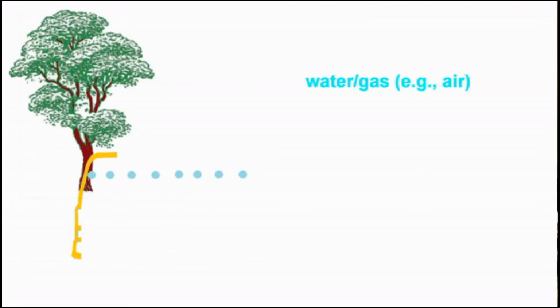Okay, so here we have water. We're going to accelerate the car, and you can see how they pile up. The molecules of water or gas, could be air, it doesn't matter. So what these people are saying is that when the back of the car hits the first atom or molecule, it pushes it against the next one, which pushes it against the next one, which pushes it against the next one.